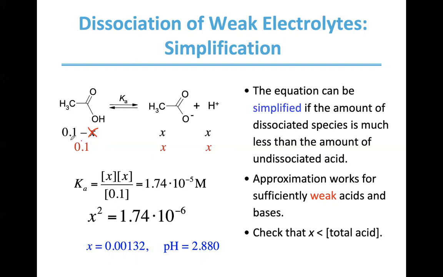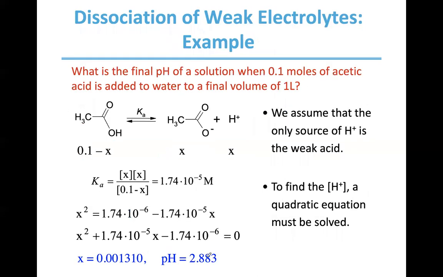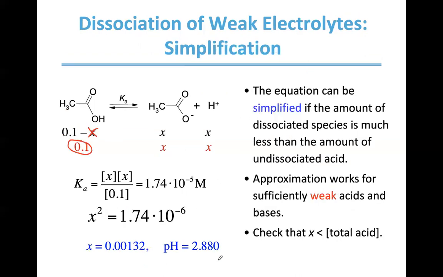So we can leave 0.1 as it is. We still have X and X, XX over 0.1. There's no quadratic equation, very easy. And pH is 2.88. In the previous case, it was 2.883, right? So depending on how accurate we want this to be, we can employ this kind of simplification.